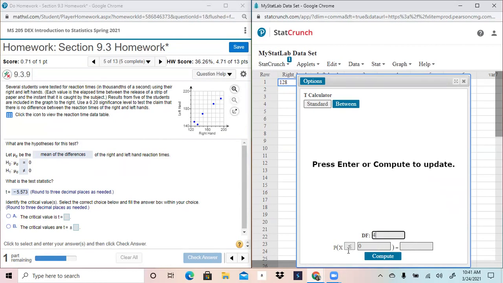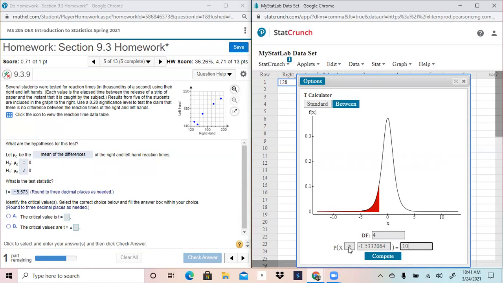And if we're going to leave this at just a less than or equal to, we can put in the 0.10. So 10% is going to be below negative 1.533.